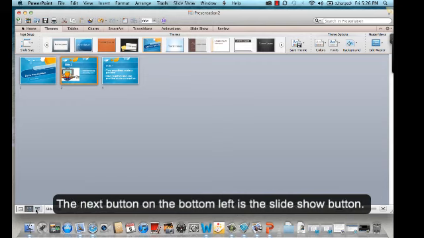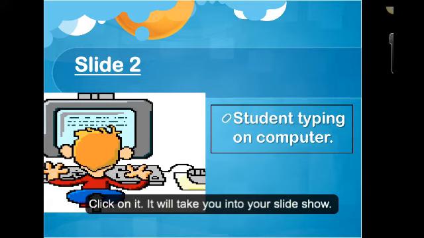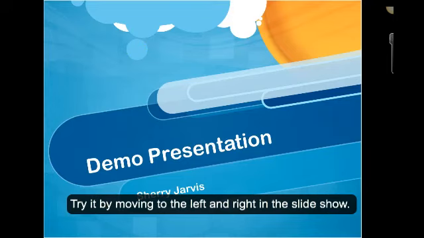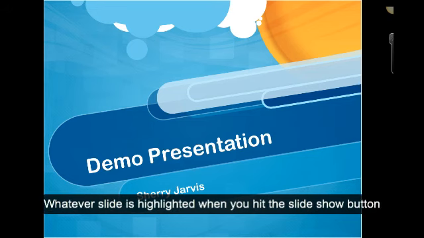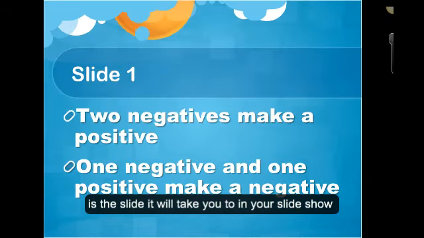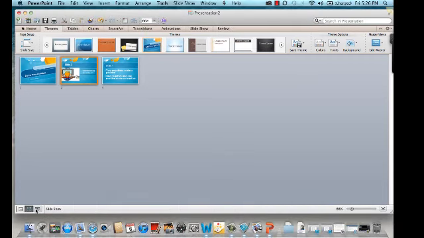Then the next button is the slideshow button. If you click that, that takes you into your slideshow. Now, you can use your arrows on your keyboard to go to the left and to the right. Whatever slide you are on with your cursor, when you hit that slideshow button, it takes you immediately to that slide, because you see how we have slide number 2 outlined.